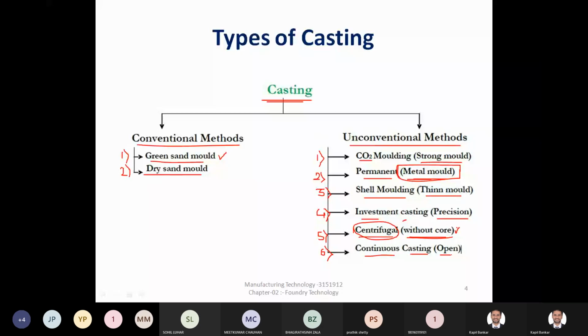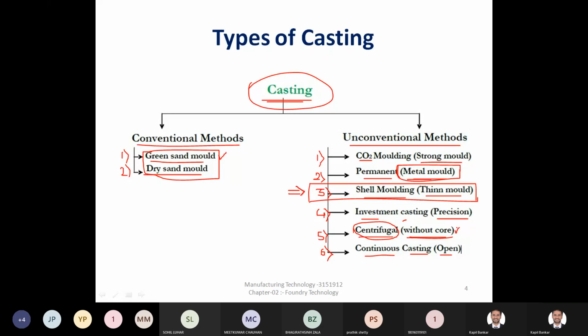Among all these types of casting, we have already discussed green sand, dry sand, as well as shell molding in the previous lecture, as well as at the start of the lectures.